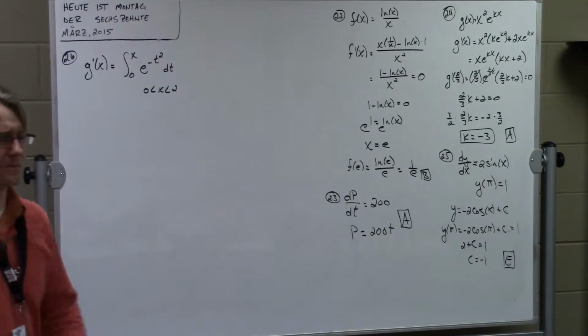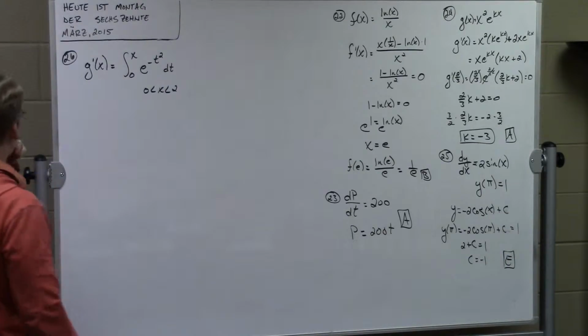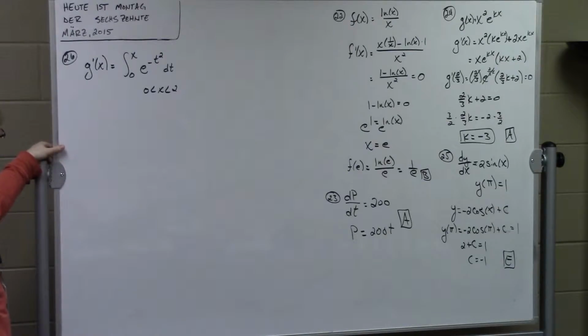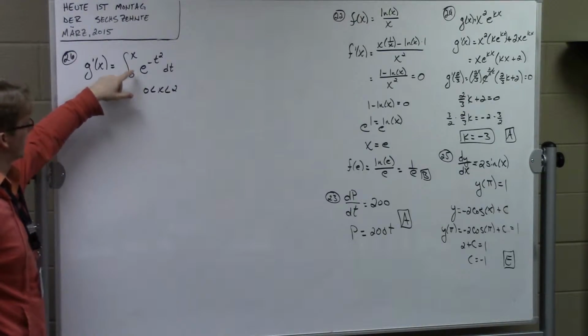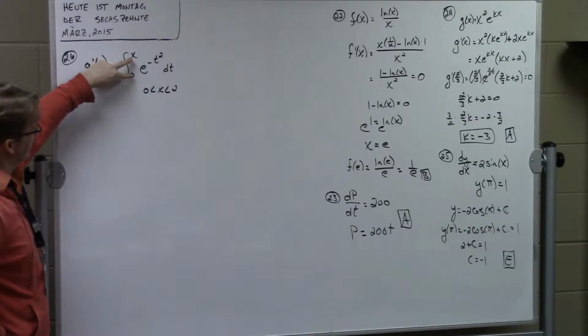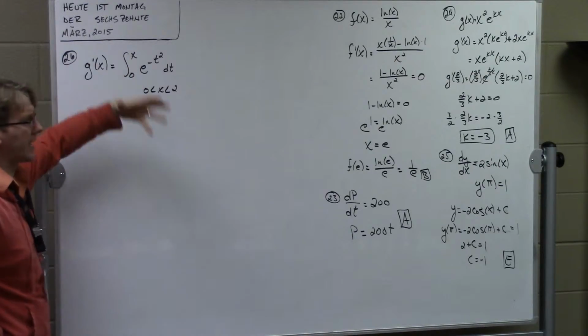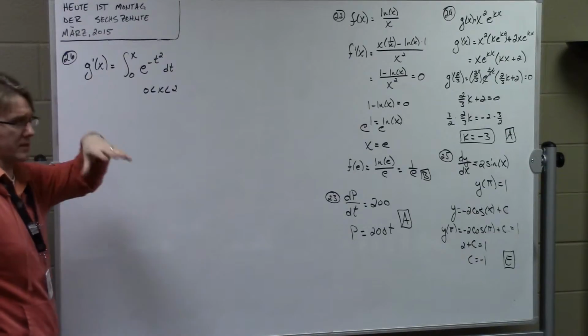You know what, let's do this. Increasing and decreasing come from the first derivative. If we set this equal to 0, the only place this would be equal to 0 is at 0. If you plug in 0 for x, you haven't gone anywhere, so you haven't gained any area, which means your derivative would be 0.